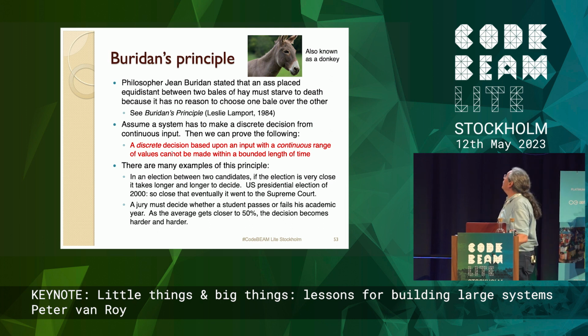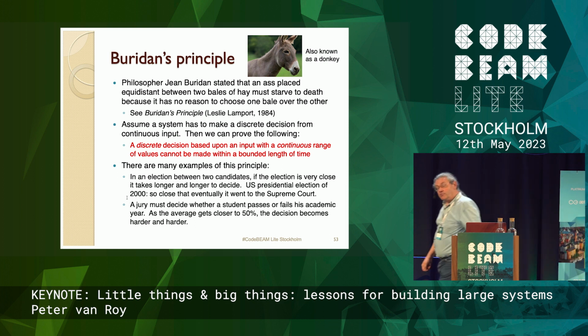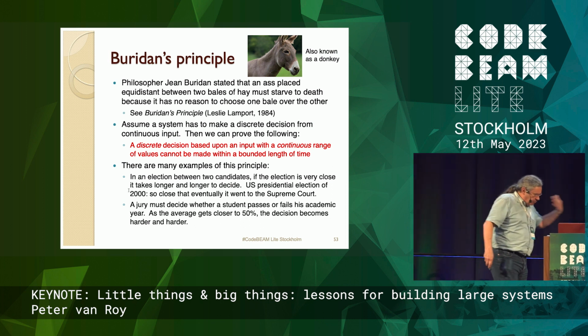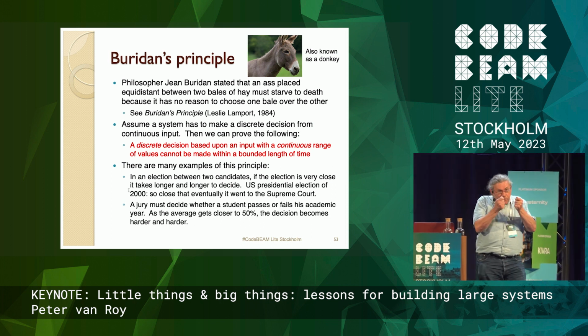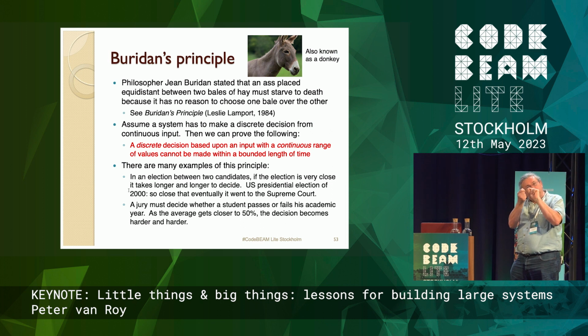And you see this in real systems, in elections. If the election is very close, it takes longer and longer to decide. Typical example: the US presidential election of the year 2000 went eventually to the Supreme Court. They were counting and recounting Florida, and they were looking at each vote. Is there a hole here or not, okay?